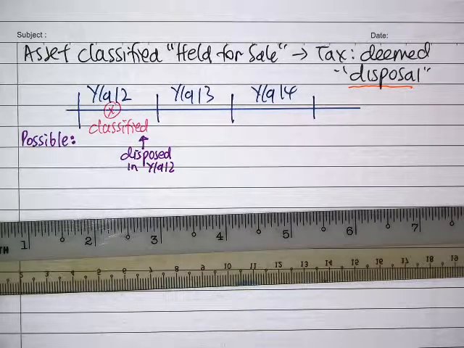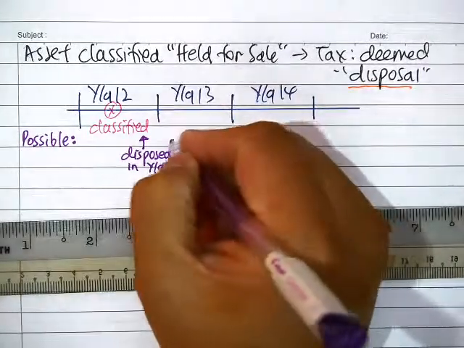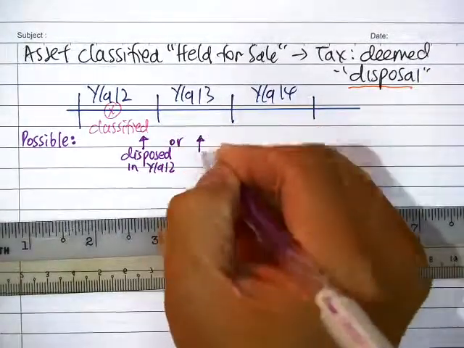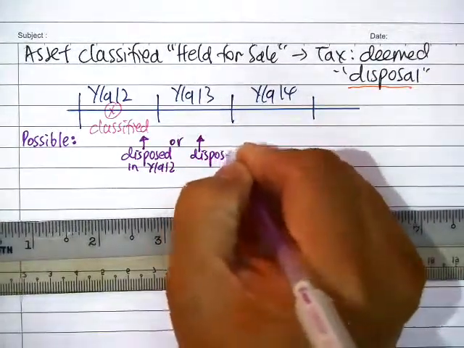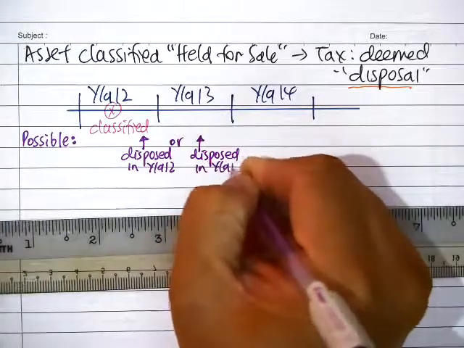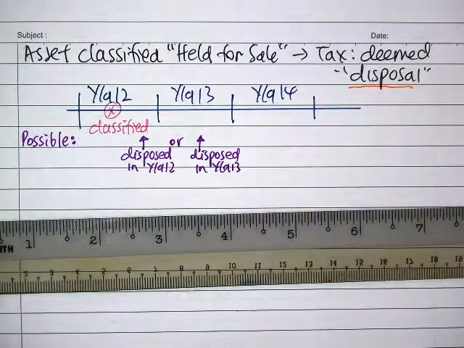Or I classify in YA12 but dispose in YA13, so I classify but only dispose in the following period.